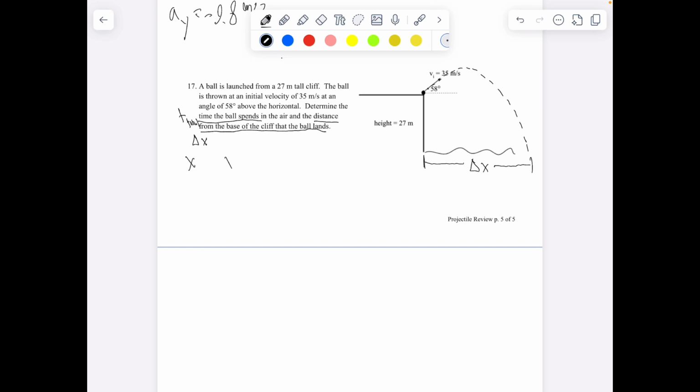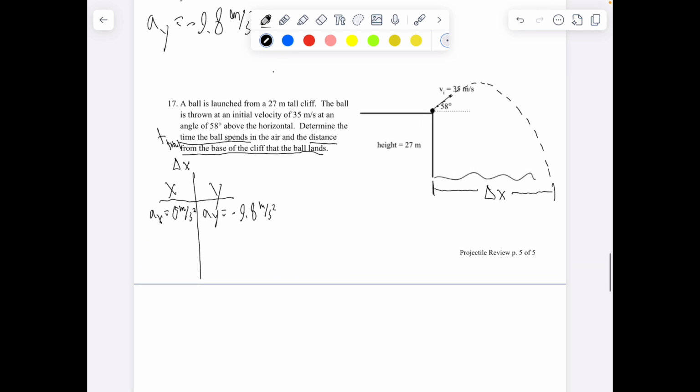We always want to start off for our projectiles with our XY chart, separate out our variables. It's going to be in the air, so we know the acceleration in the x. There's no forces in that direction. We get our 0 meters per second squared. In the y, we have our force of gravity, causing that negative 9.8 meters per second squared acceleration.